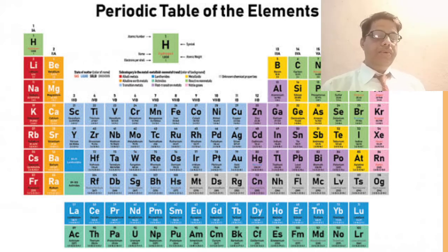Second, period number 5 starting from yttrium to cadmium. Period number 6, that is from lanthanum to mercury, that is Hg with atomic number 80, and period number 7, that is actinium with atomic number 89 up to copernicium, that is Cn. So these constitute d block elements or transition elements.